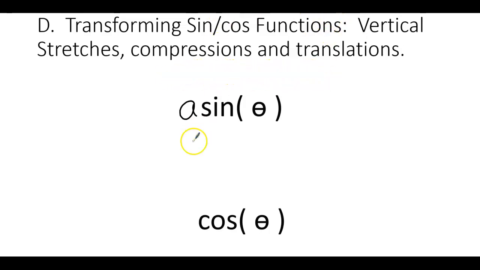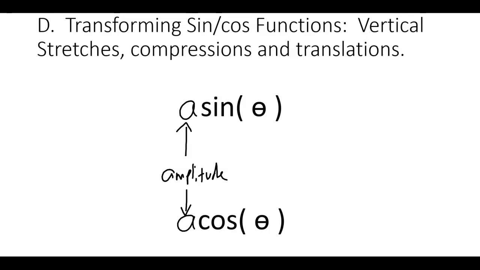And so basically what this a is, it's your amplitude. And that works for both of these. The a basically just tells you how tall your function is going to be from the midline. So the a is the amplitude.